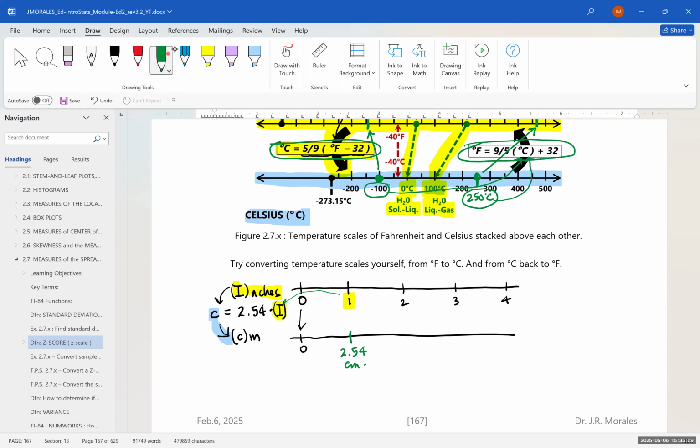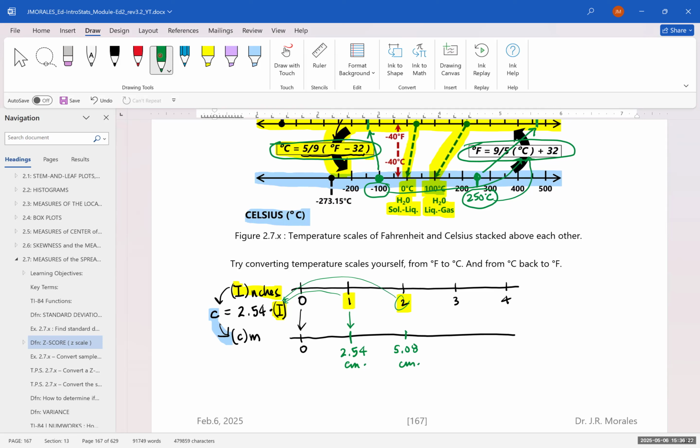And we can do the same thing with 2. If we plug 2 into this equation, 2 times 2.54 will give us 5.08.